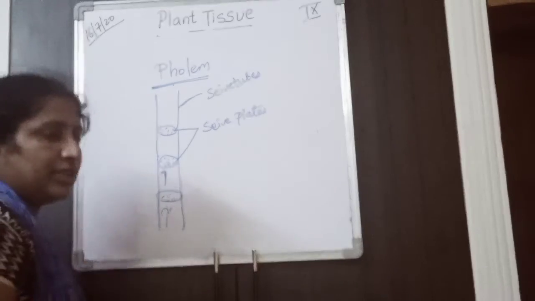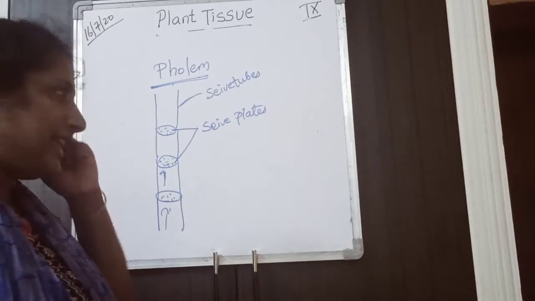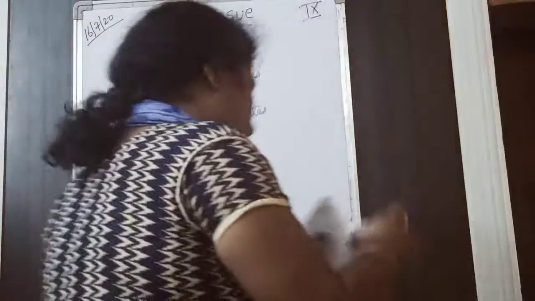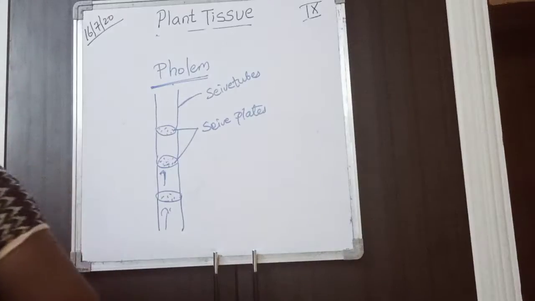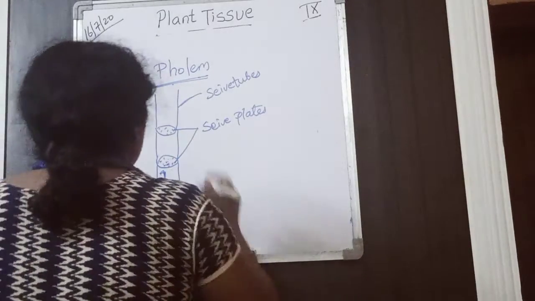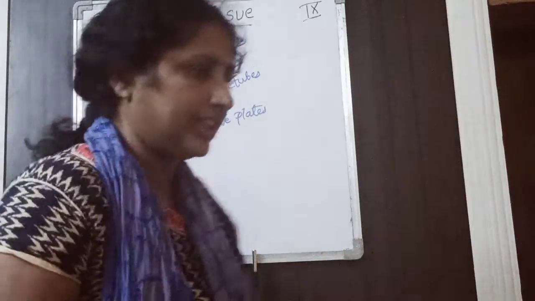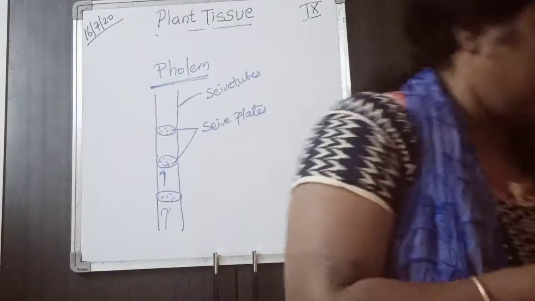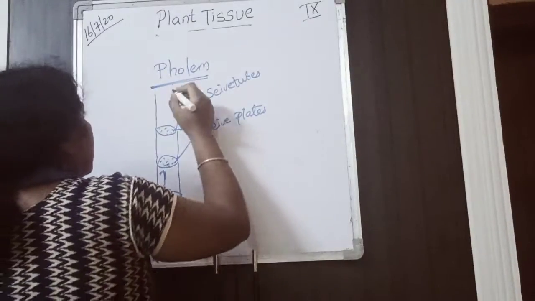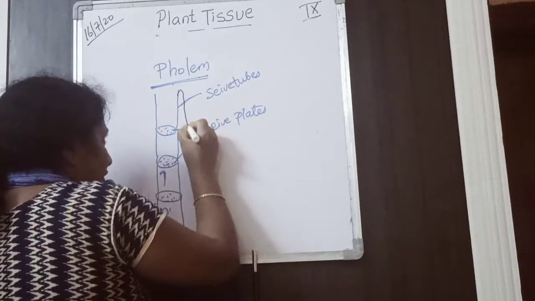Okay, next coming to companion cells. Companion cells will have a shape almost like this. I'll draw with another color. So they are attached to the sieve tubes.